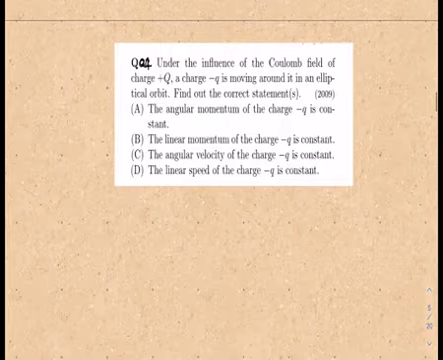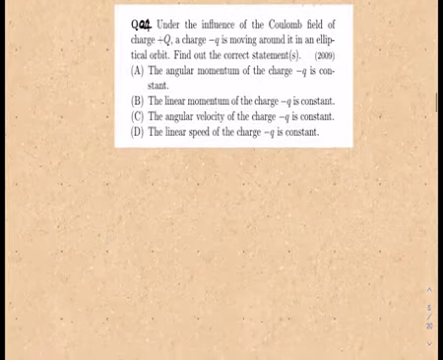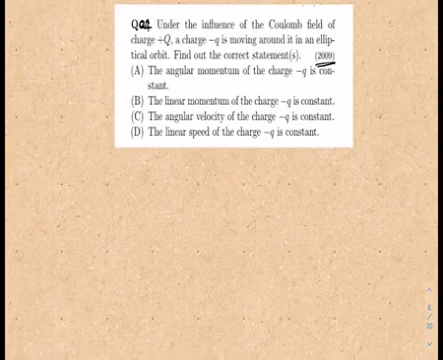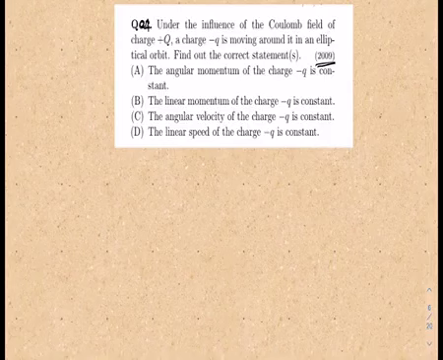Okay, let us do this problem now. It was asked in 2009 JEE Advanced. Under the influence of the Coulomb field of charge plus Q, a charge minus q, small q, is moving around it in an elliptical orbit. Find out the correct statements.